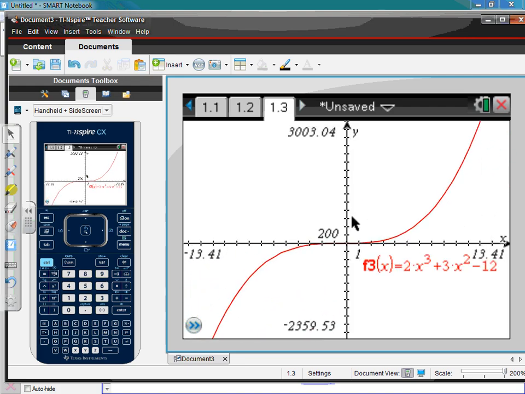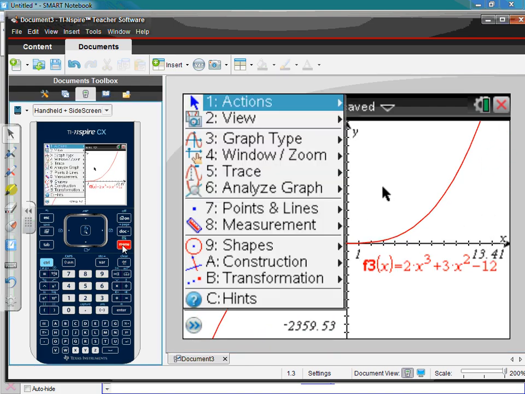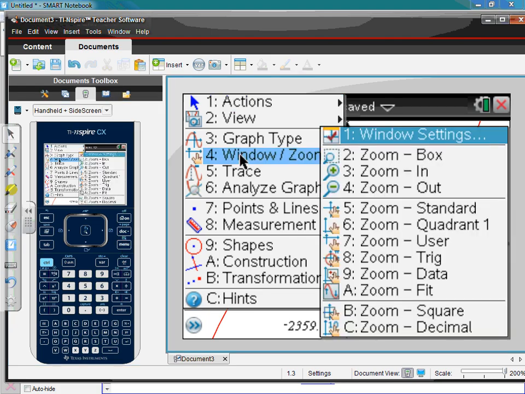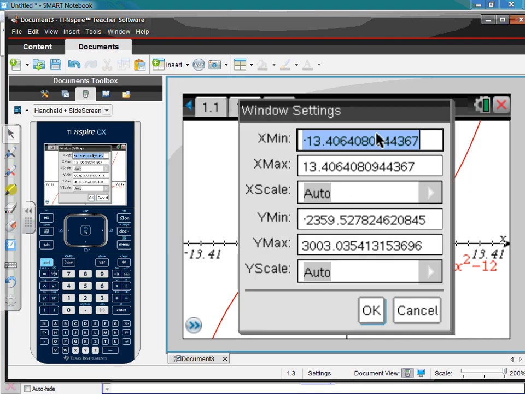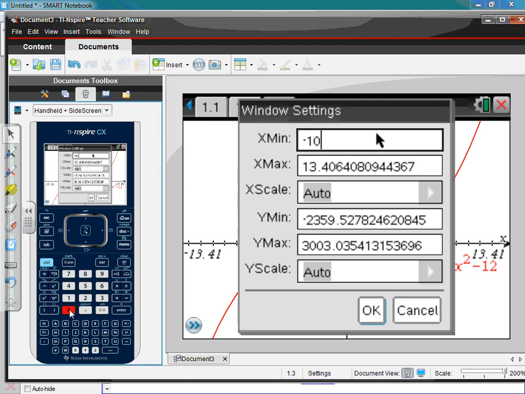Okay? So what we're going to do is go to Menu, Window, and then Window Settings. And I'm going to say -10, tab, 10 is my max, tab, scale of 1, tab.